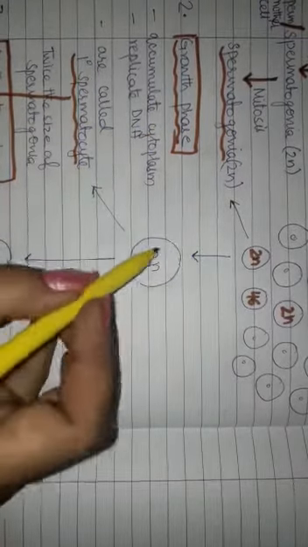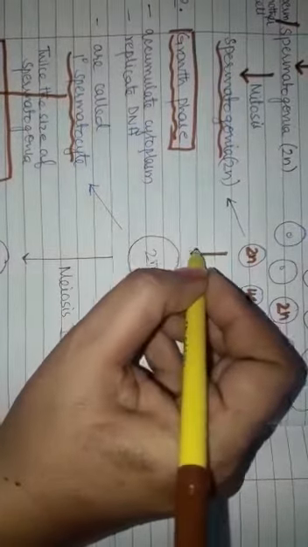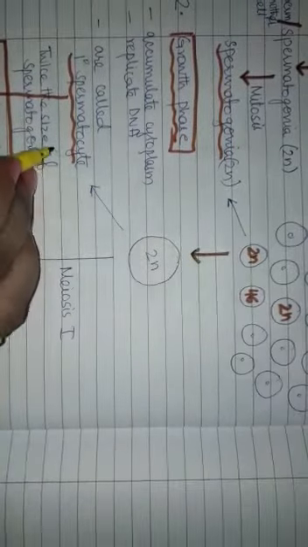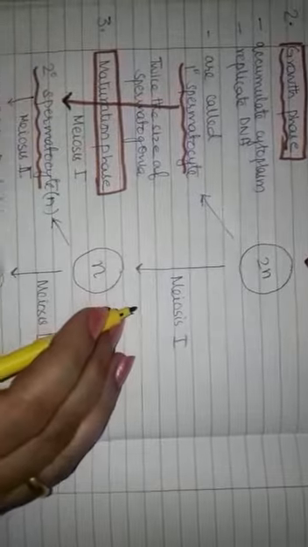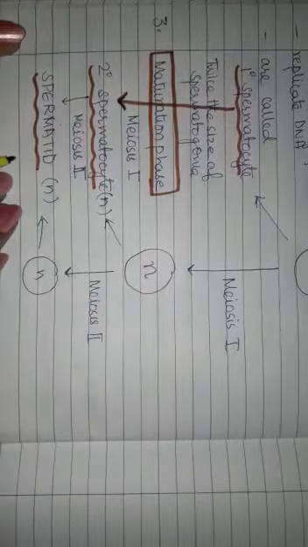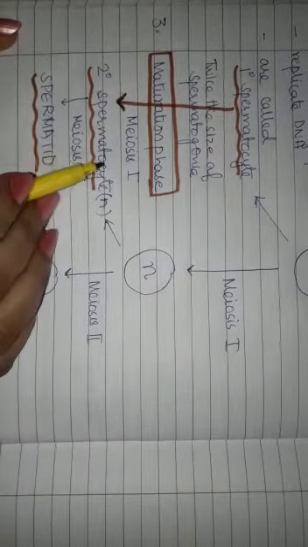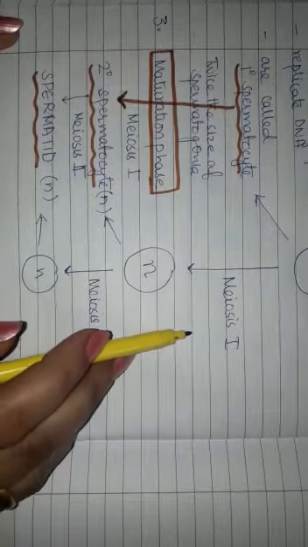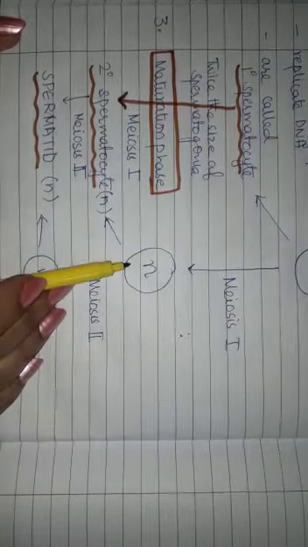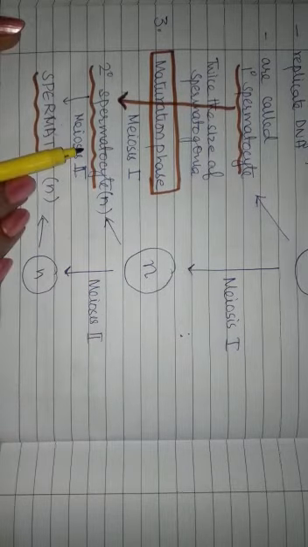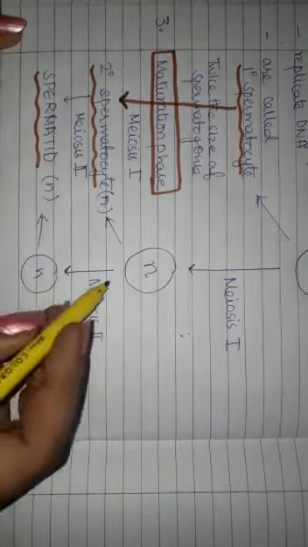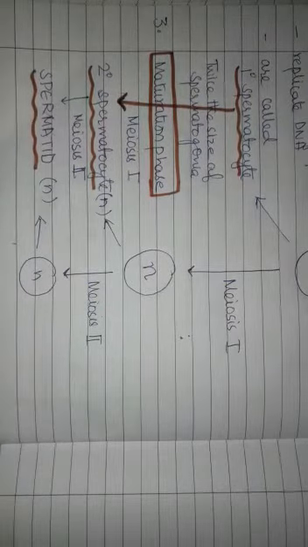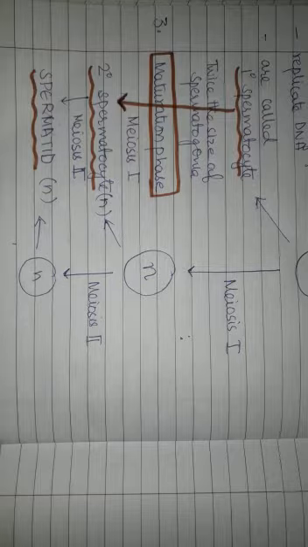They enlarge in size, approximately double the size of spermatogonia, and they are called primary spermatocyte. The primary spermatocyte enters the third phase, that is maturation phase. It undergoes meiosis 1. What will meiosis 1 form? Haploid cell which is called secondary spermatocyte, and this undergoes meiosis 2 and what is formed? That is spermatid. Spermatid is the haploid cell.